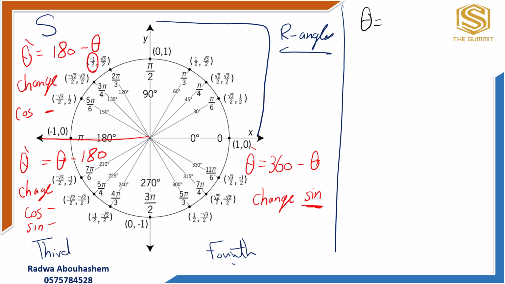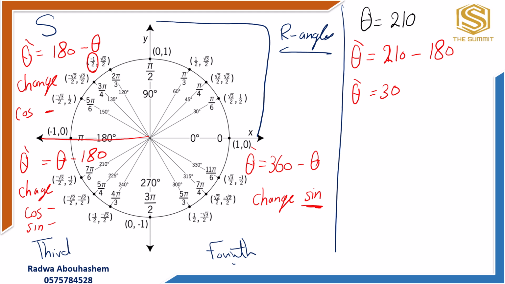Let me give you another example. Theta equals 210. This is not a reference angle, so I need to get it. This is in the third quadrant, so I'm going to use theta minus 180. So 210 minus 180, the reference angle here would be 30. Good. So this means the same values, but I have to change what?